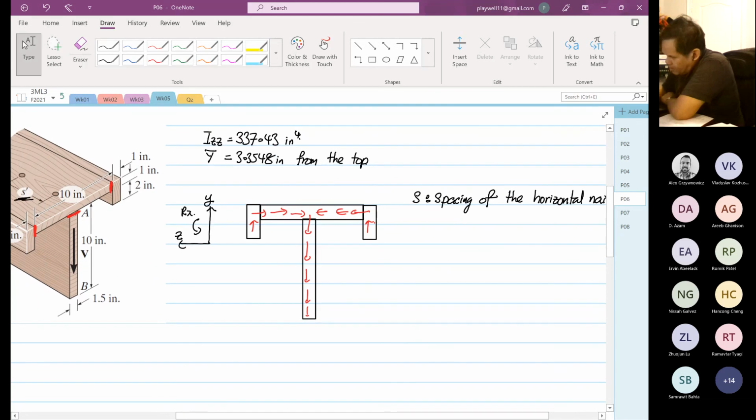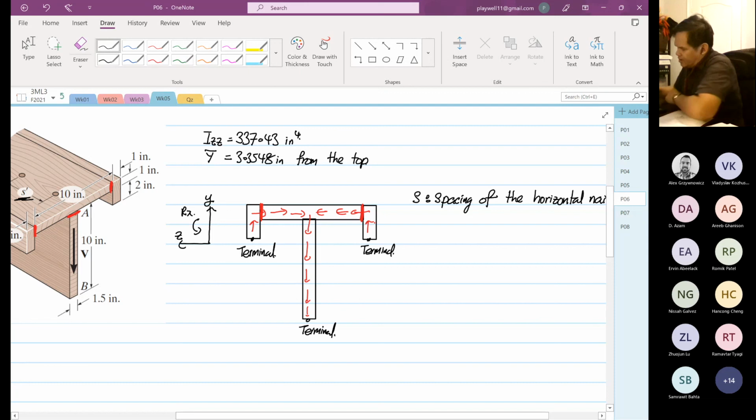For the horizontal nail, the failure will occur here or here. But remember, this structure has one terminal here, another terminal here, and a terminal to end, right?